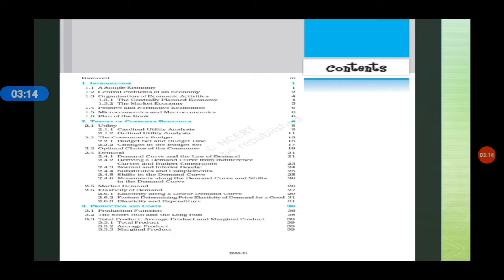Thereafter, the consumer's budget, meaning here we learn how we have to utilize our limited resource or budget. To make you understand, they have kept concepts like budget set and budget line, and changes in the budget set. Thereafter, optimal choices of the consumer, meaning where the consumer gets more satisfaction by using his limited resources.